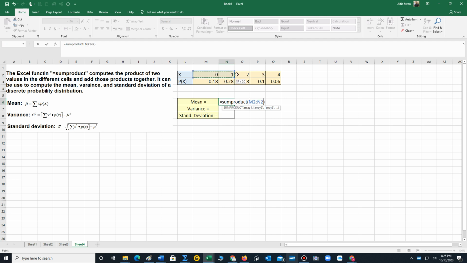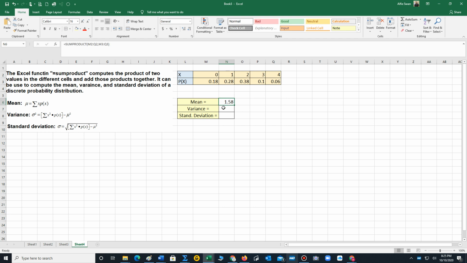That will be the outcomes of x. We place a comma, and then we select the second array of values, which are the probabilities. The sum product will multiply each outcome with each probability and then add the results. We have the mean is equal to 1.58.